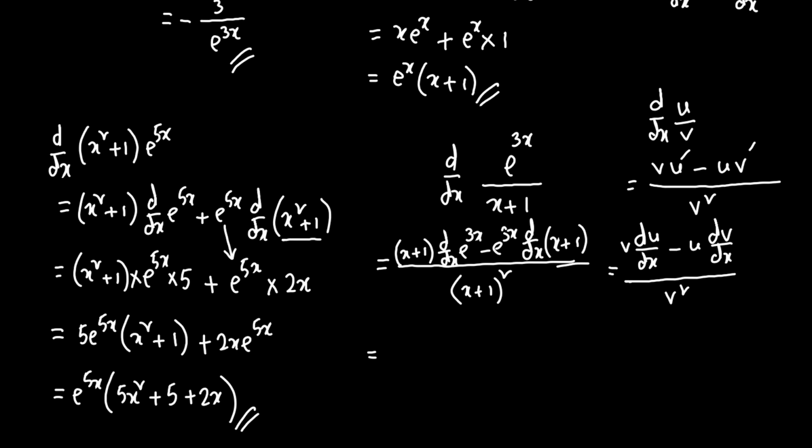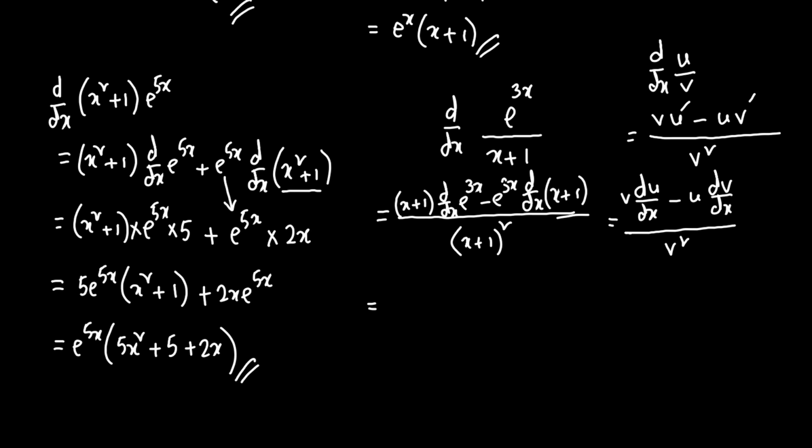So just simplify it. On the top, we differentiate e to the power 3x, which gives us 3 e to the power 3x, minus e to the power 3x into, if we differentiate x plus 1, we get only 1, and below we write x plus 1 whole square.